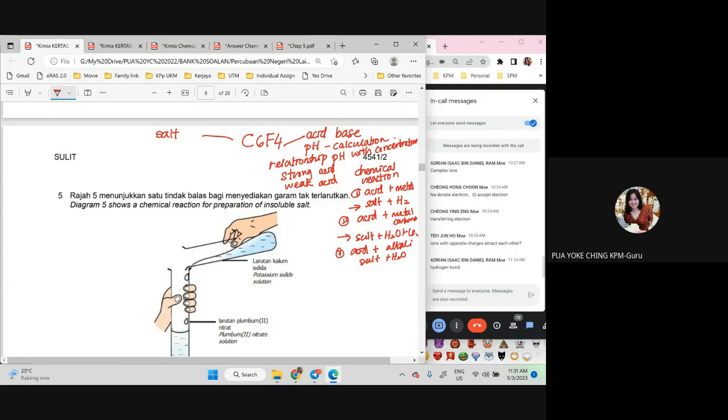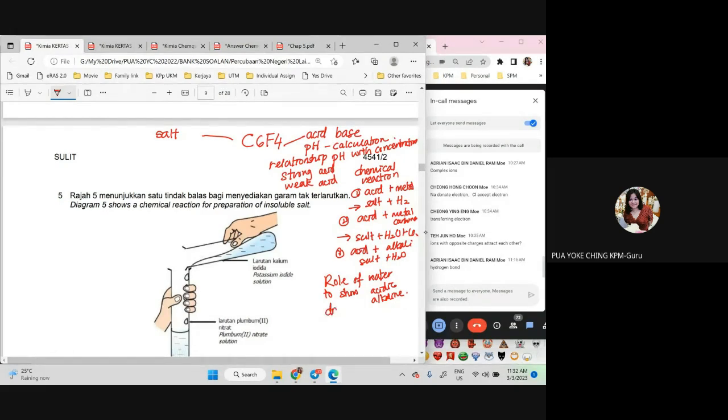And the one more that I tertinggal is your role of water. Okay. Peranan air to show acidic or alkaline properties. Okay, so remember not everything will show acidic and alkaline properties if they are in dry, solid.